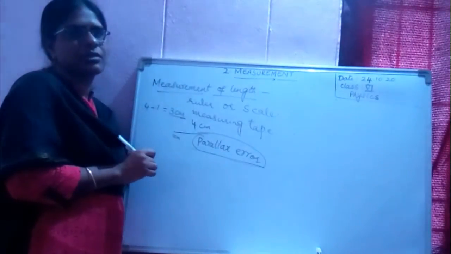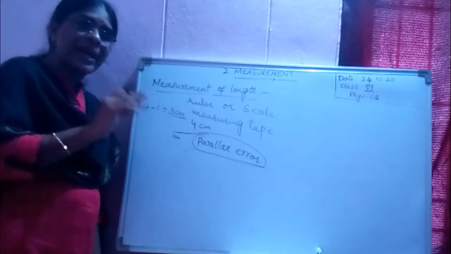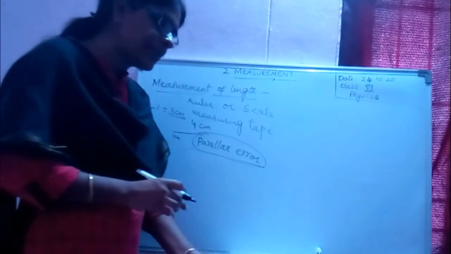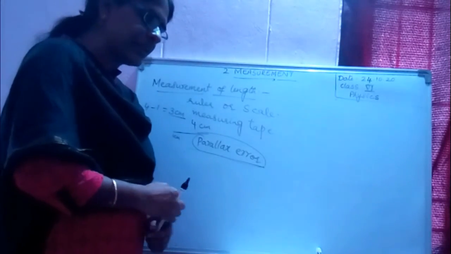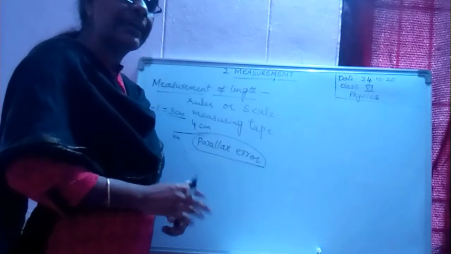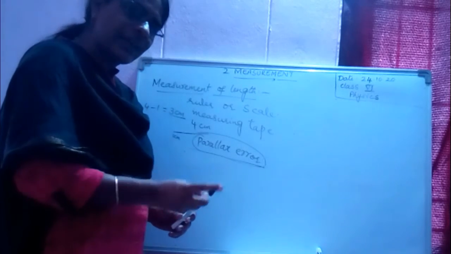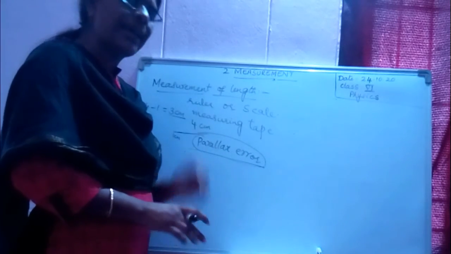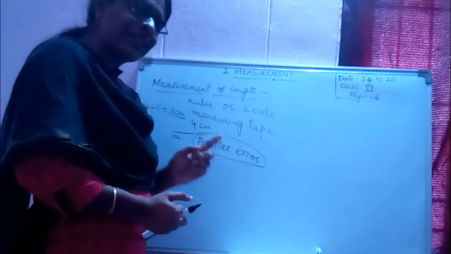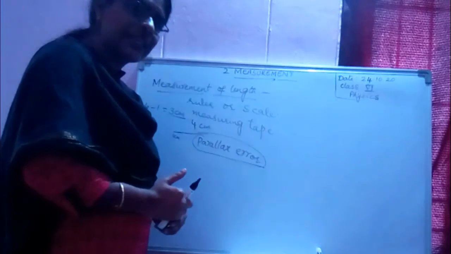Okay, children? Now next you see multiples, on page 29. Multiples of a meter: 10 meters equal to 1 decameter. 10 decameters equal to 1 hectometer. 1 kilometer equal to 10 hectometers. 1 megameter is 10 kilometers.